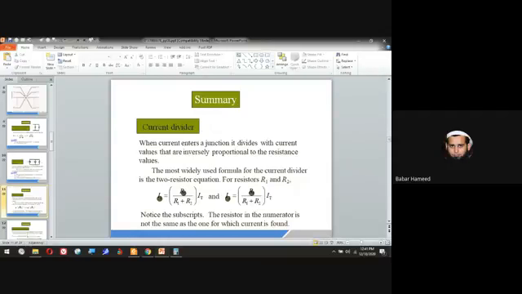In parallel circuit, total current into the junction of parallel branches divides among the branches. Thus, a parallel circuit acts as a current divider. The current divider principle is illustrated in the figure. And I am going to draw it.